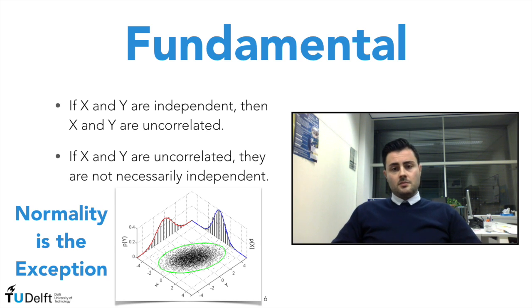In that sense, if linearity is the only form of dependence, correlation is a wonderful measure, a measure which is completely able to capture all information about dependence. And if we are in a normal world, if we are in an elliptical world, essentially what do we have? If two random variables are uncorrelated, then they are also independent.